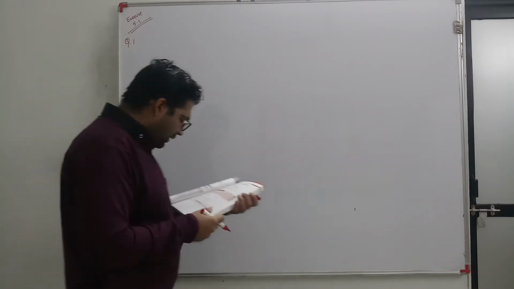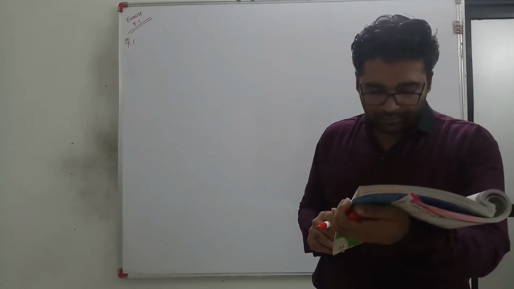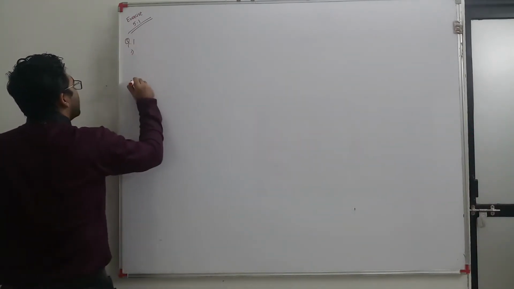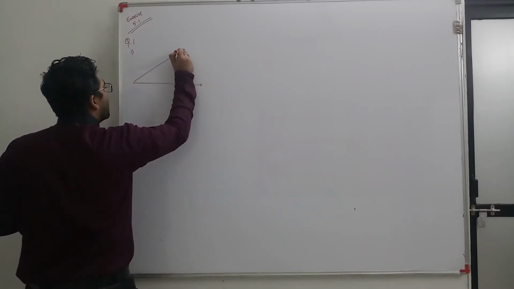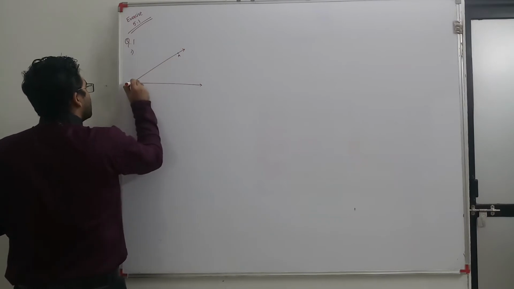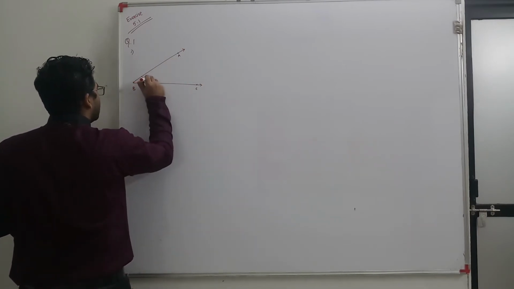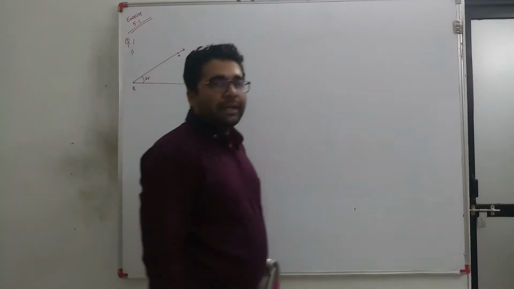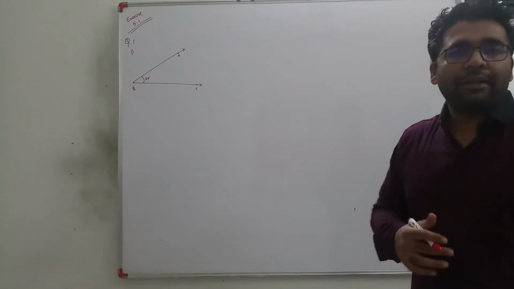Here is question number 1. It says, find the complement of each of the following angles. In the first question, we have one angle as A, B, C. You need to give this name by yourself. So here I am giving the name of the angle, angle ABC is equal to 20 degree. I need to find the complement angle.